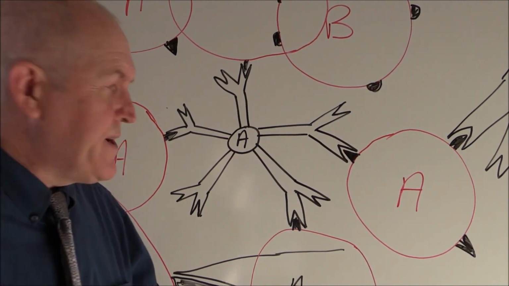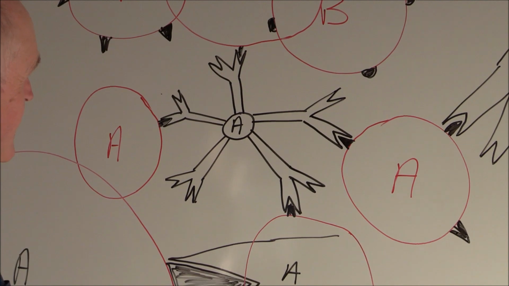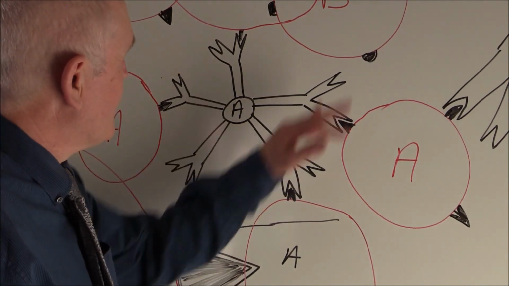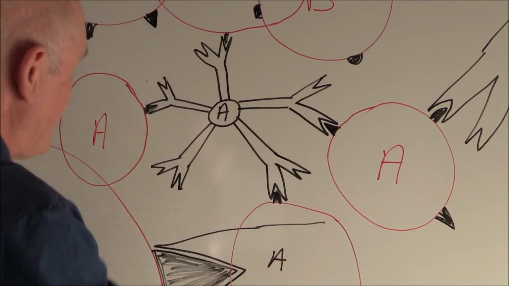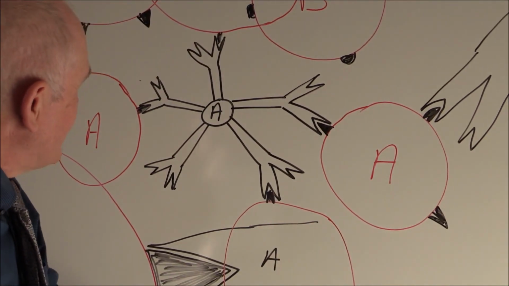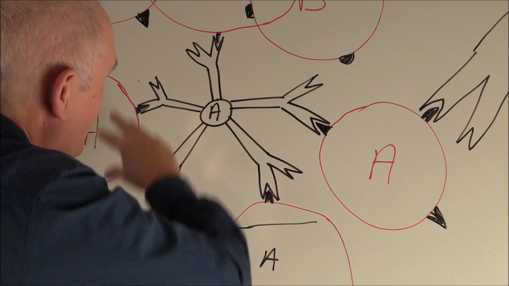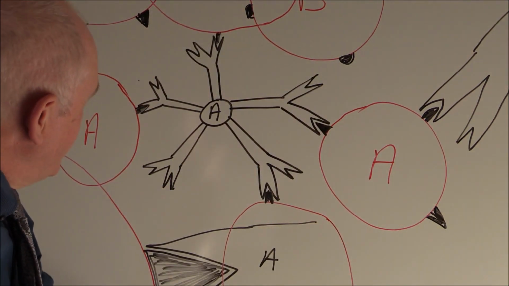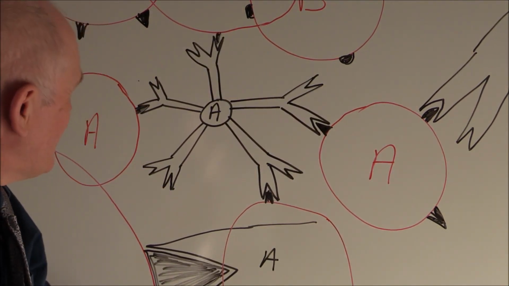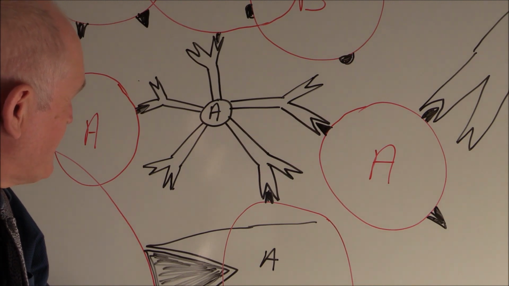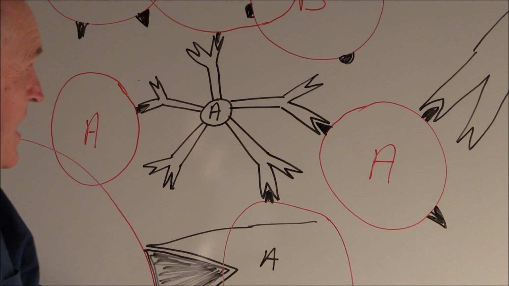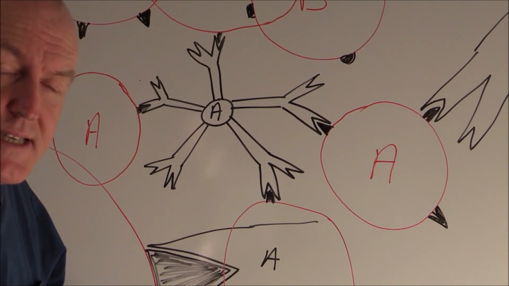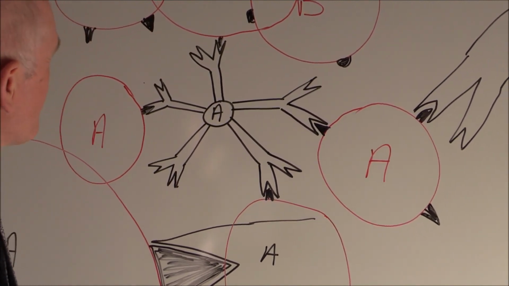So we can see that if we give group A blood to someone who is blood group B, we're going to get agglutination of the donated red cells, as they are all clumped together by the A antibodies in the recipient's plasma. This is going to stimulate immunological, sometimes complement-mediated reactions.